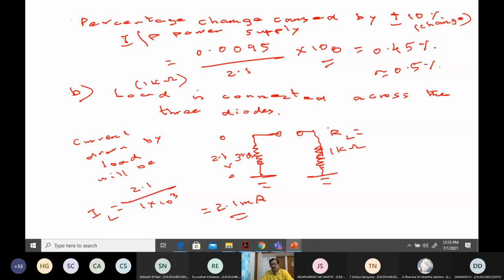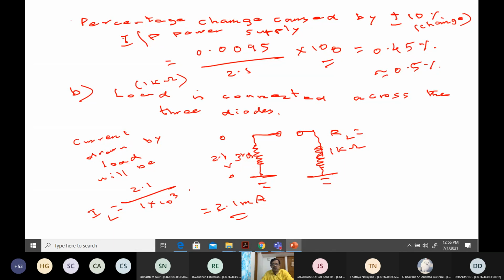Earlier, in the absence of the load, we had the total current going through the diode. Now, because there is a load connected across, which means it is in parallel with the diode, some of the current will be taken by the load, and only the remaining current will flow through the diode.